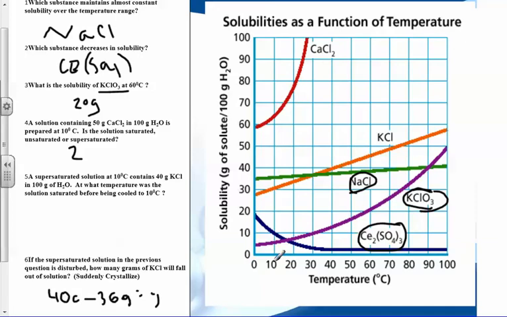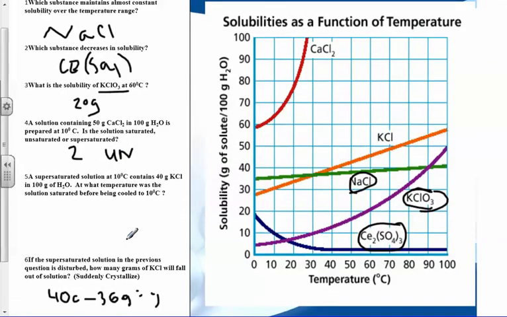Let's just find the temperature. So anything under this red line is going to be what? It's going to be unsaturated, right? So this is supersaturated. This is unsaturated. So we're preparing this 50 gram solution at 10 degrees Celsius. It looks to me like it's under that line. So that must mean that it is an unsaturated solution, right?